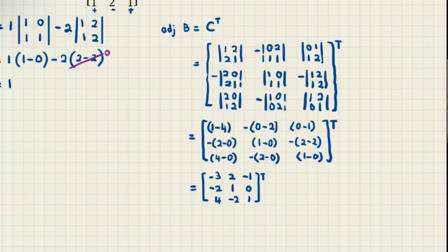Okay, so now kita kena transposekan dia. So transpose dapat apa? First row jadi first column. So we have negative 3, 2, negative 1, negative 2, 1, 0 and 4, negative 2, 1. So ini adalah jawapan kepada adjoint of matrix B.